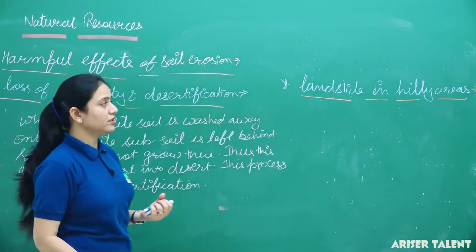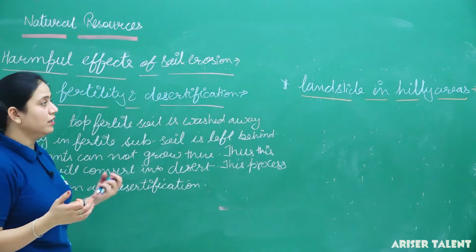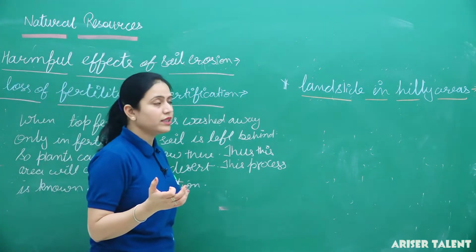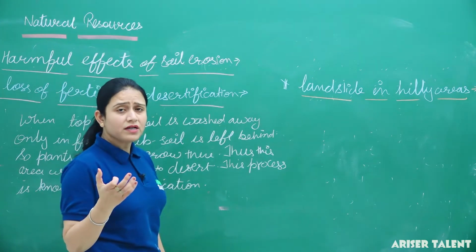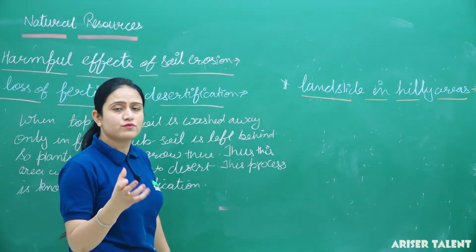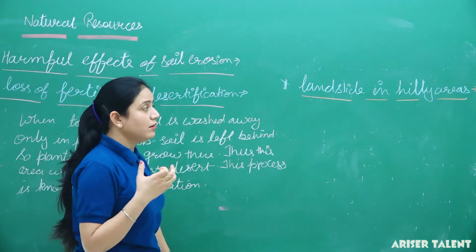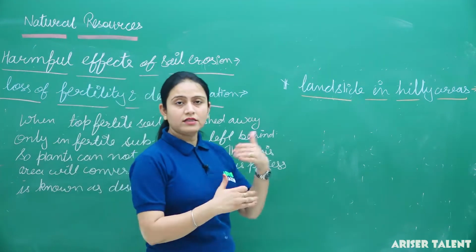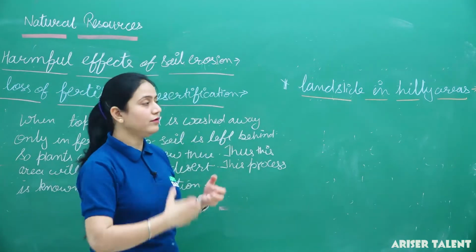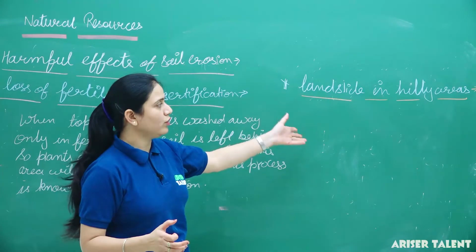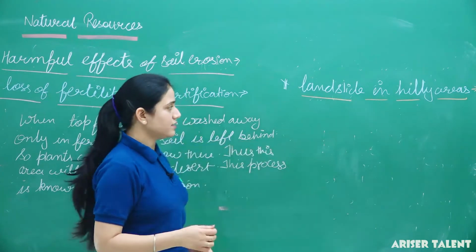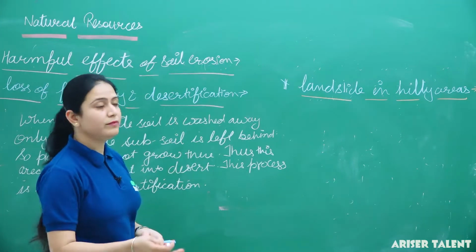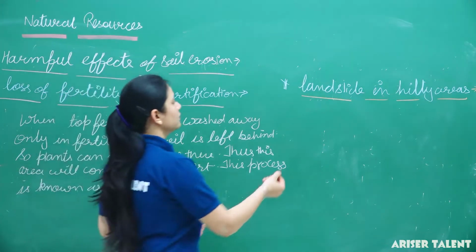Generally, we know that topsoil contains all the minerals and humus, and plants grow in it. The roots of plants bind the soil particles together. But once the topsoil gets washed away, pieces of rocks slide down with the help of rainwater, and this is known as landslide. So another harmful effect of soil erosion is landslide in the hilly areas.